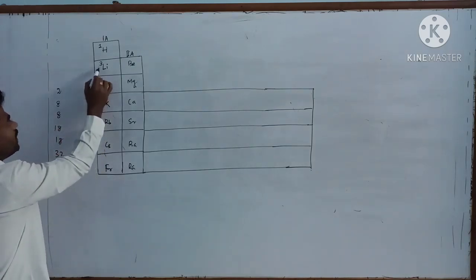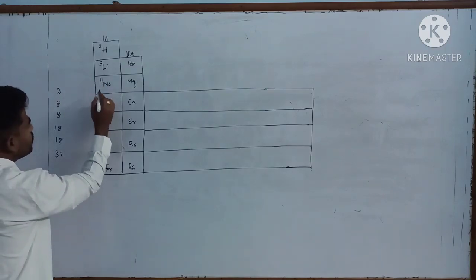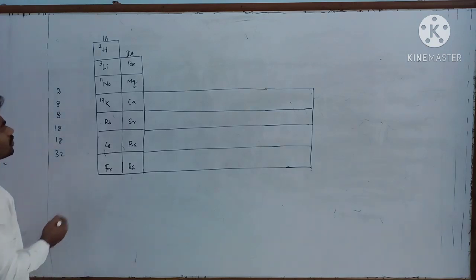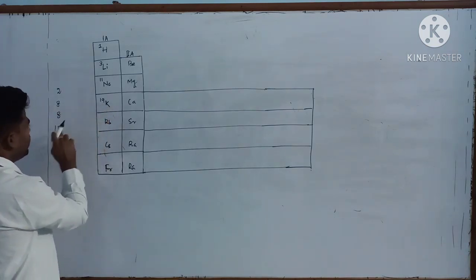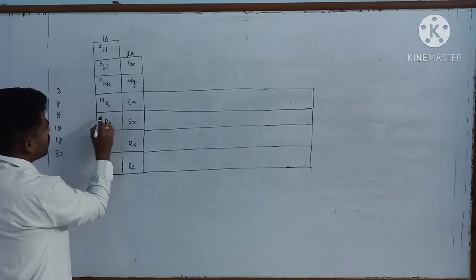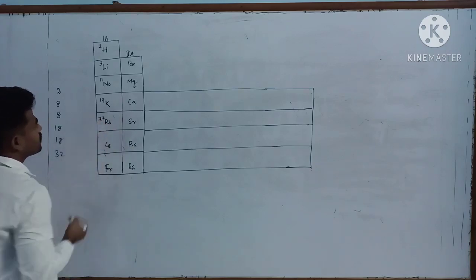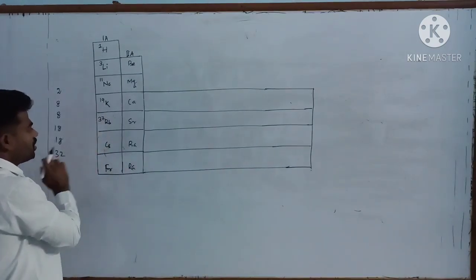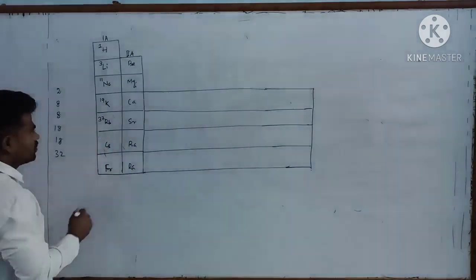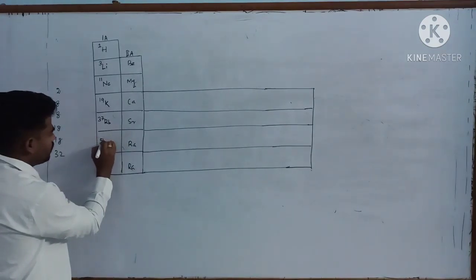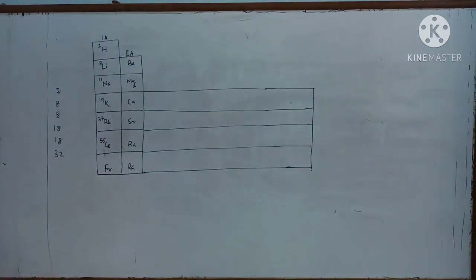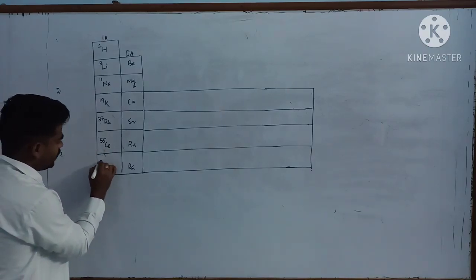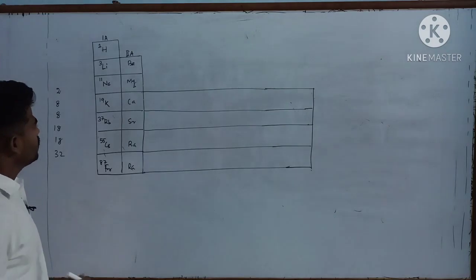Again add 8, that will be 19. Then add 18, that will be 37, and 37 plus 18 will be 55, and 55 plus 32 will be 87. So you get the atomic numbers.